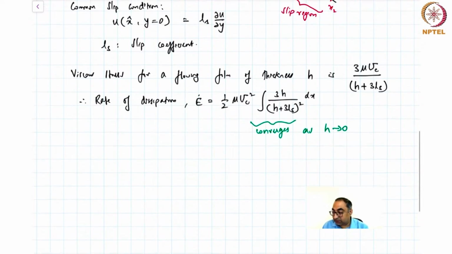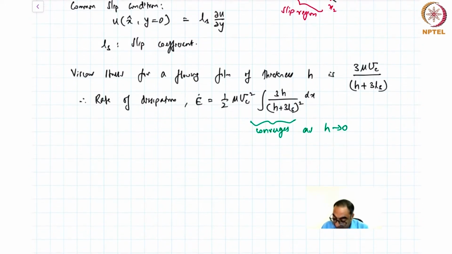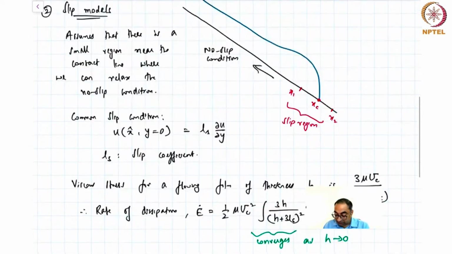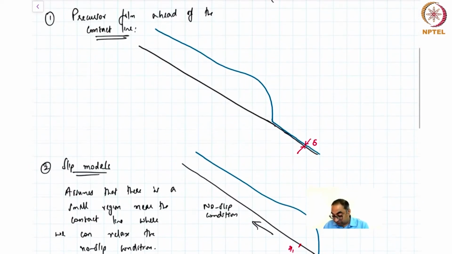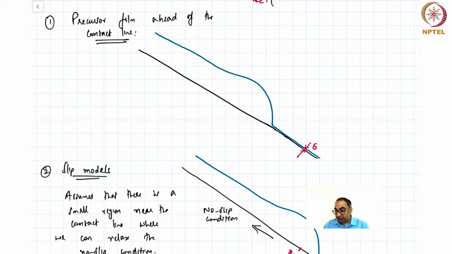So this is basically how the slip models alleviate the singularity, because if you recall, we got this singularity as h goes to 0 because the shear stress goes like 1 by h naught, where h naught is the thickness. So what you now say is that in the precursor film, h naught itself will never go to 0 because you have a thin film present.